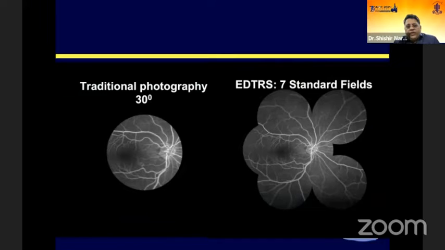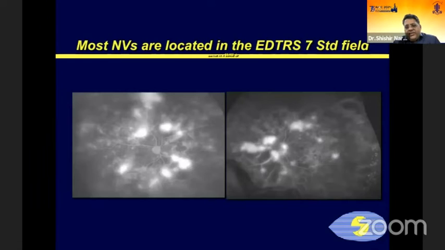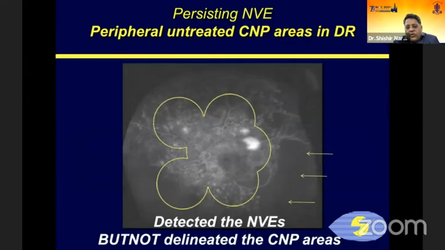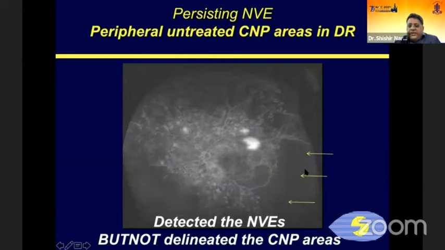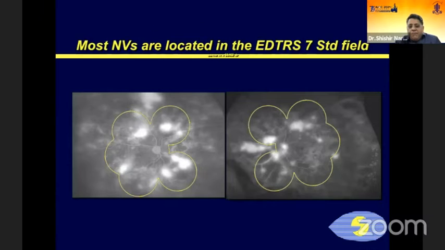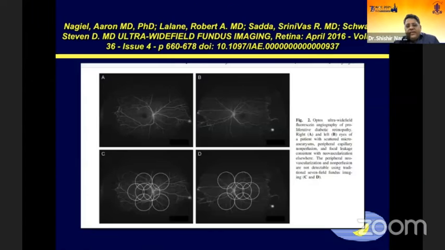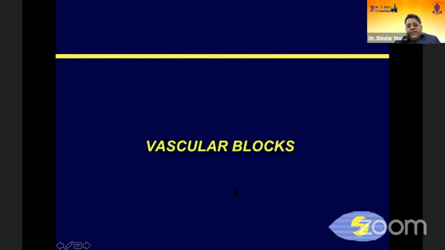The traditional photograph would give you 30-degree and a 7 field. This is why we use the seven fields, because the NVEs are located in this seven field. But the CNP areas are located outside that. So the effect is located inside, but the cause is outside. That is why it is important to get your ultra wide field image to know exactly where the ischemia is, and you can actually miss very early NVEs even in diabetic disease.